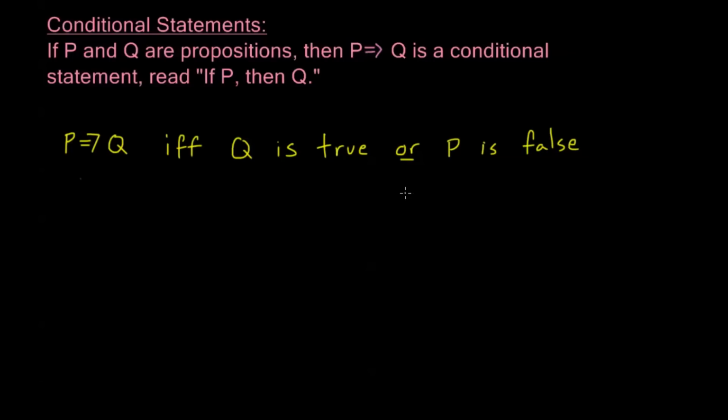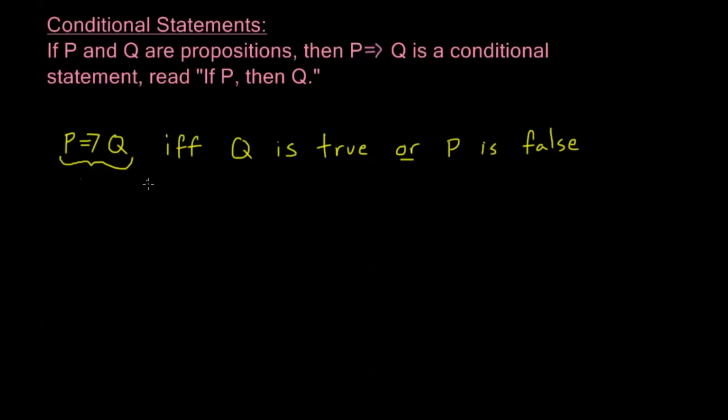So when we're assigning a truth value to this proposition P implies Q, we can see pretty clearly that this in itself is a proposition. If P and Q both have well-defined truth values, then based on this statement here, we can assign a true or a false value to P implies Q. So it itself is going to be a proposition.